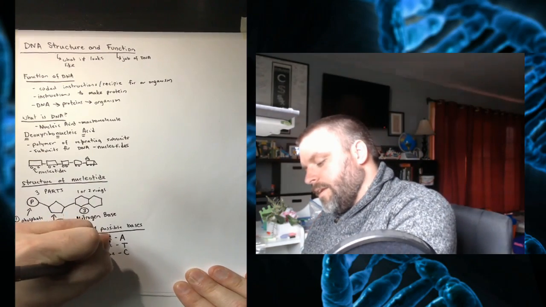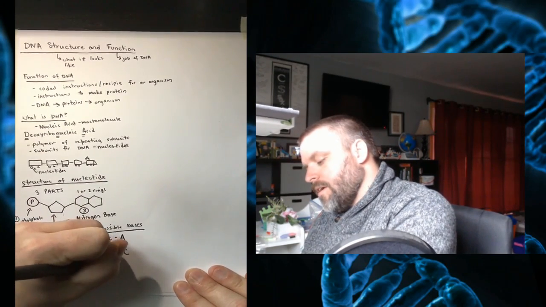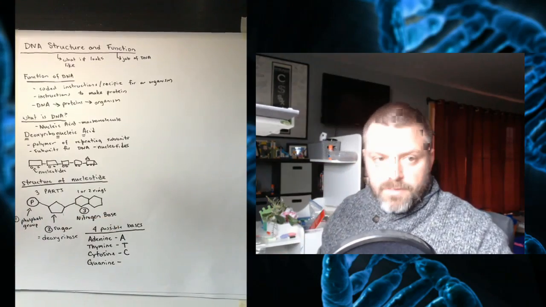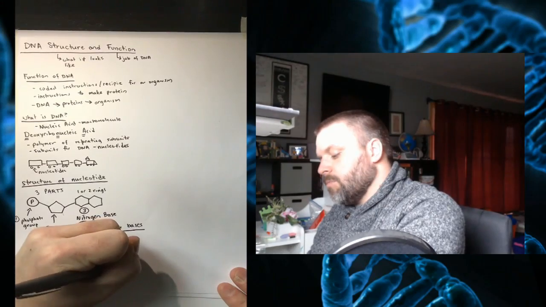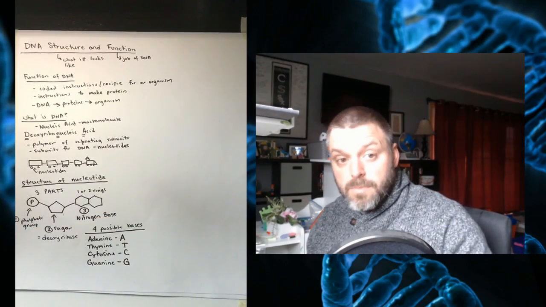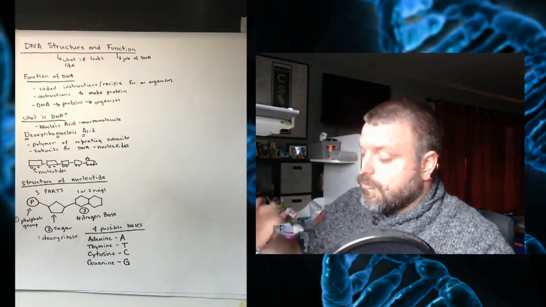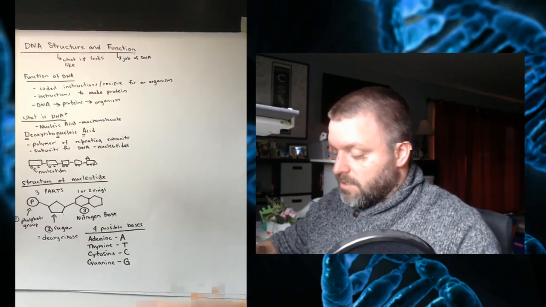And then we have guanine, and guanine is abbreviated with a U. No, just kidding. It's abbreviated with the G. Don't put U because that'll get you confused later on because there is a base that is a U. All right, so the 4 possible bases are adenine, thymine, cytosine, guanine.